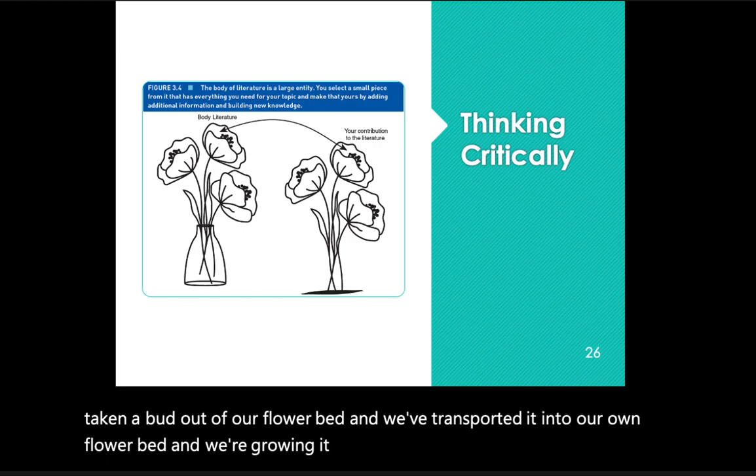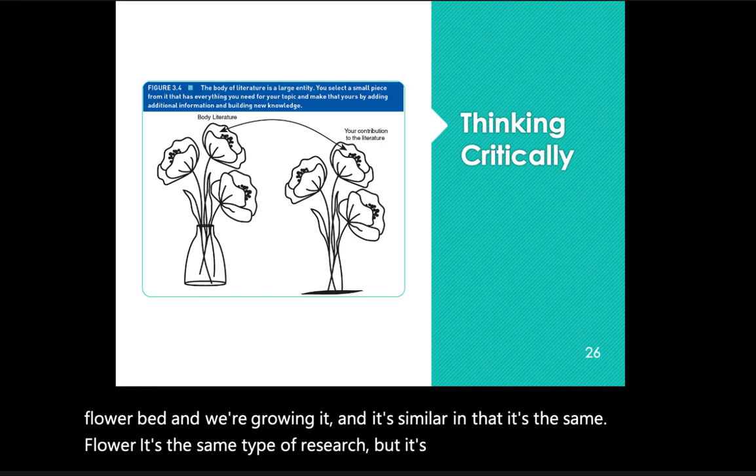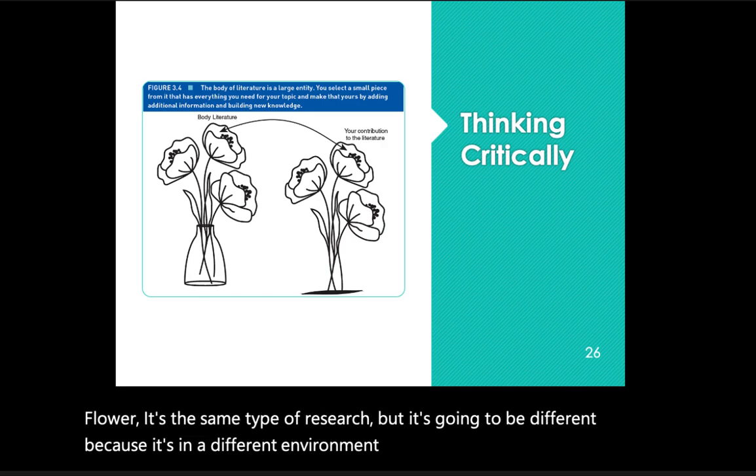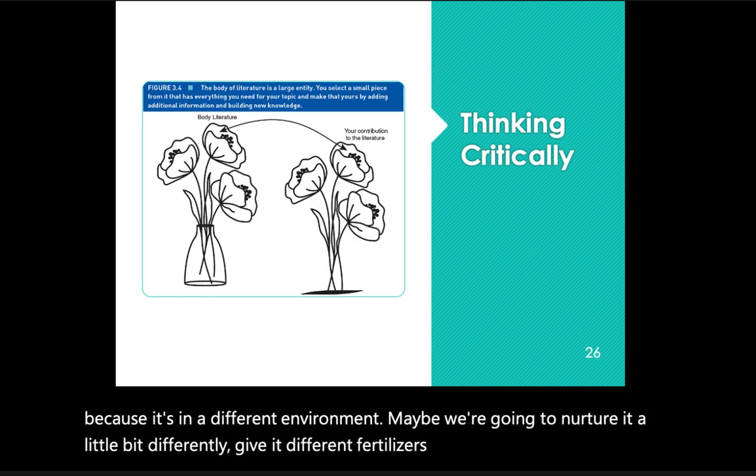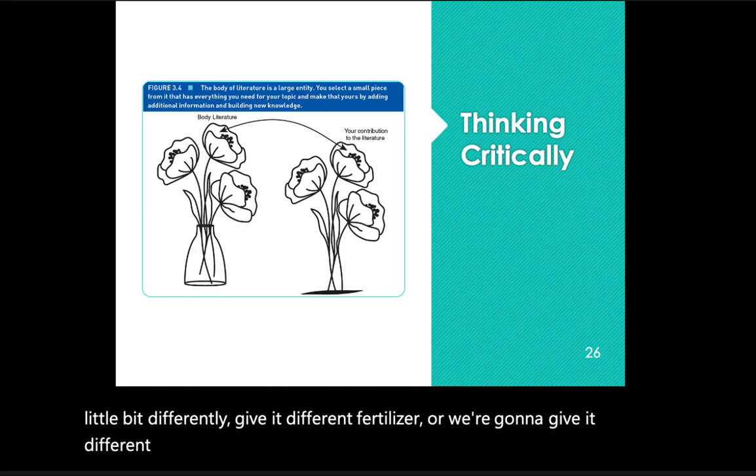And it's similar in that it's the same flower, it's the same type of research, but it's going to be different because it's in a different environment. Maybe we're going to nurture it a little bit differently, give it different fertilizer, or we're going to give it different sunlight amounts. And that's the same thing with literature.